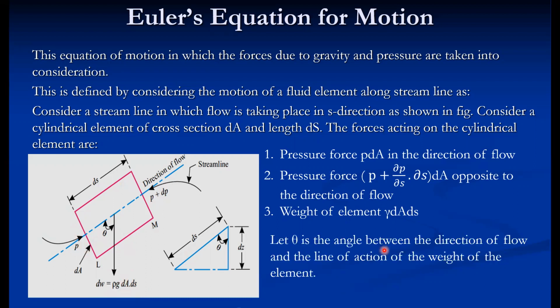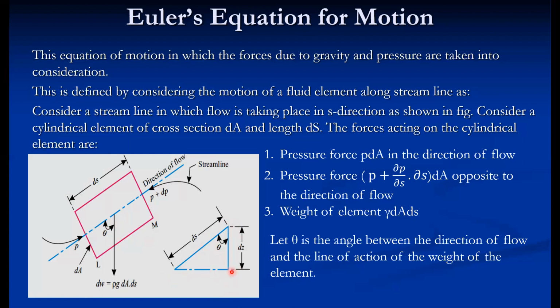Now let theta be the angle between the direction of flow and the line of action of the weight of the fluid element. This angle we can see with the help of trigonometry. This is the line of action of weight, and this is the direction of flow.